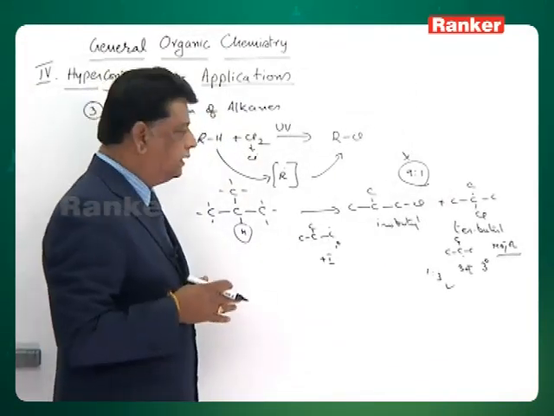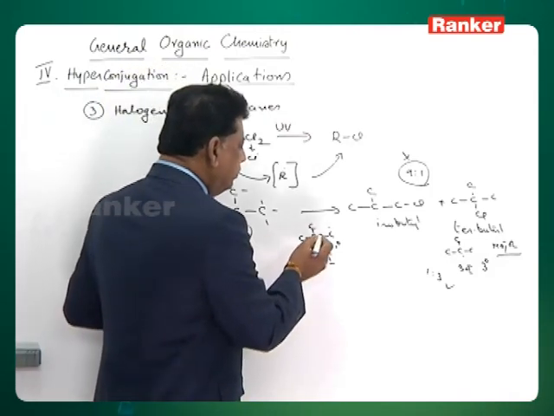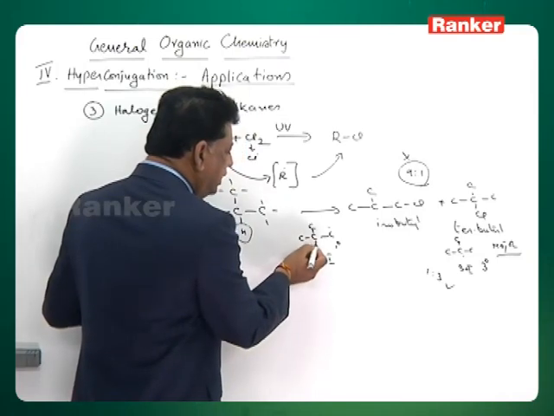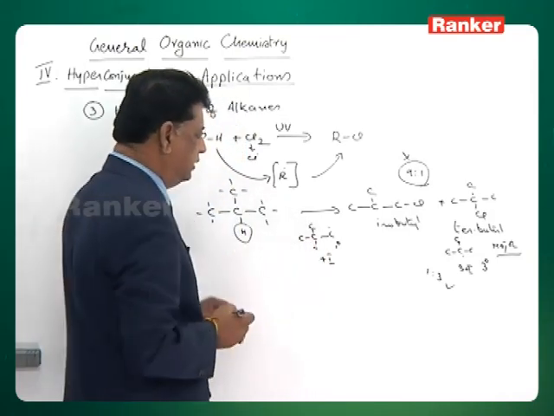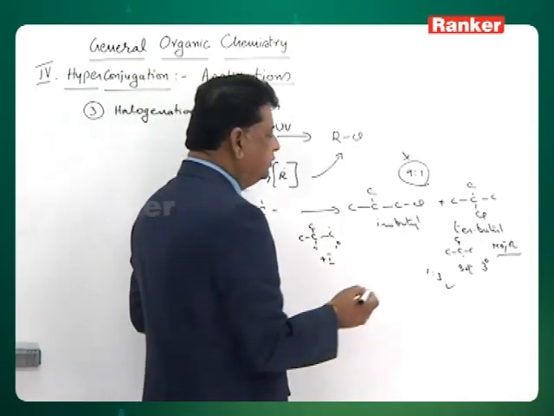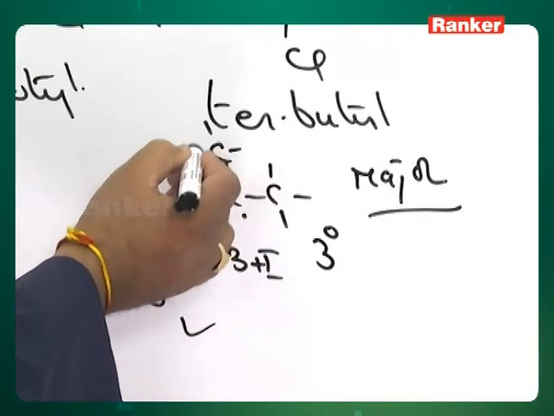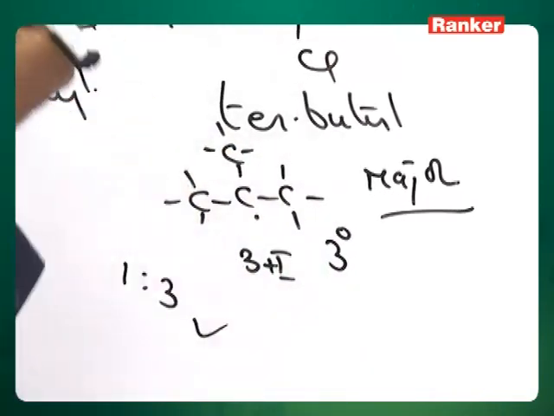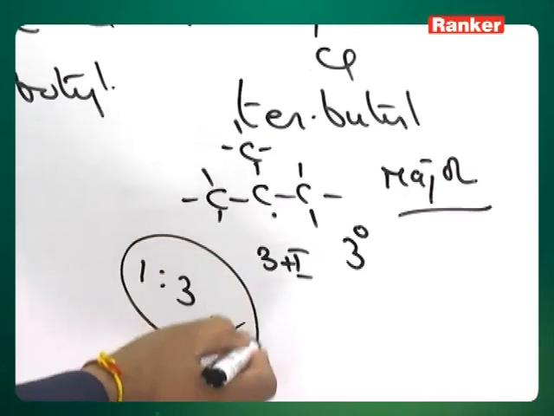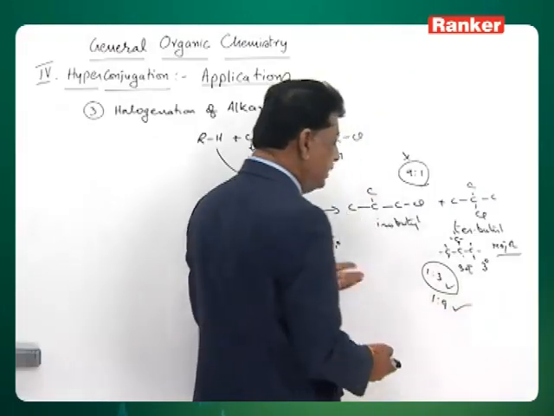But what is the actual product? The 1 degree free radical has only 1 hyperconjugable hydrogen. This is the only 1 hyperconjugable one. Whereas this one has 3 plus 3 plus 3, so 9 hyperconjugable hydrogens are there. So to some extent this is correct, but it is almost 1:9 based on hyperconjugation.